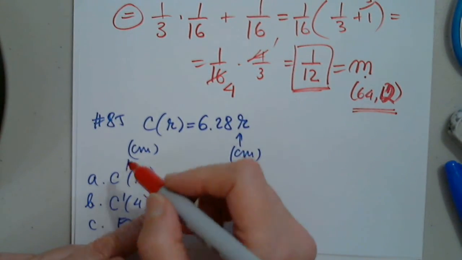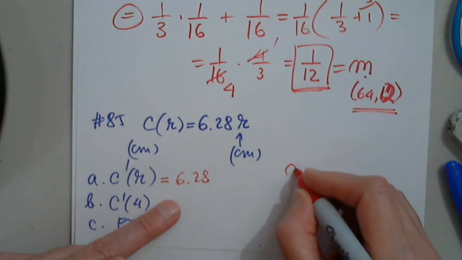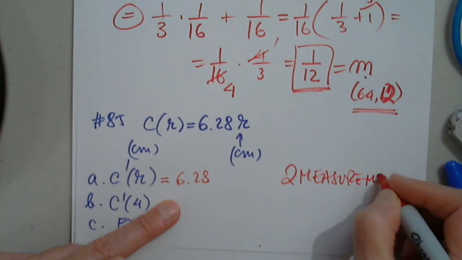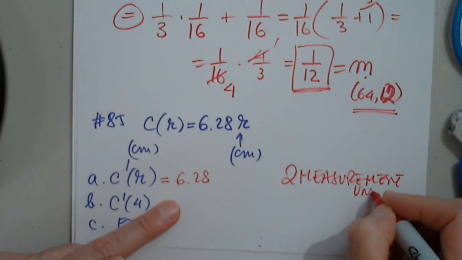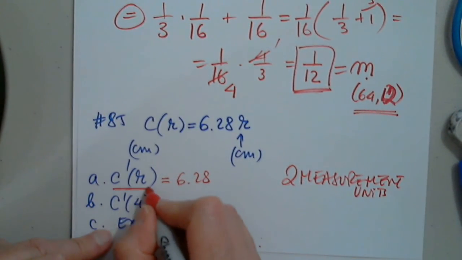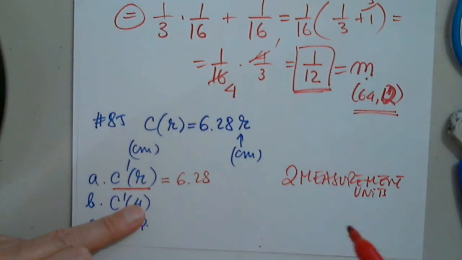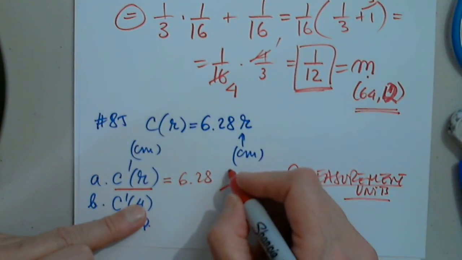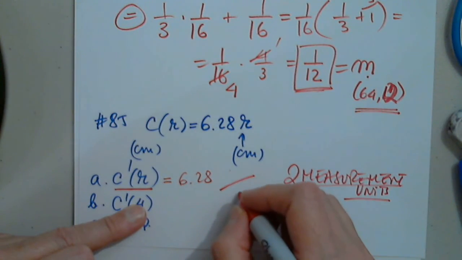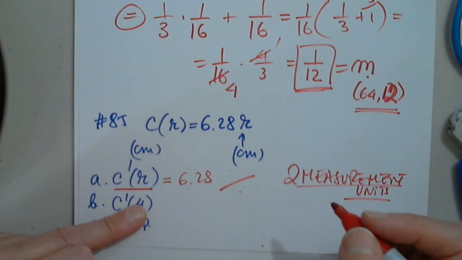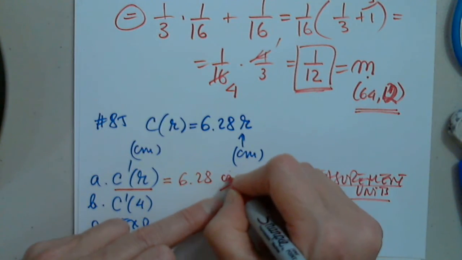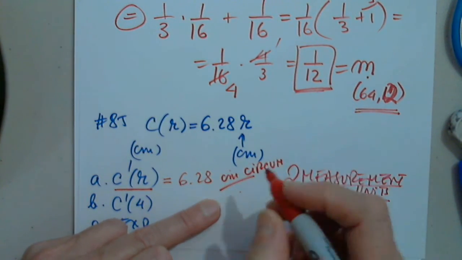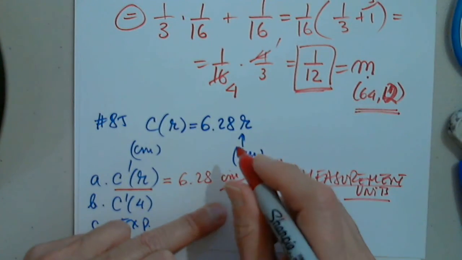Careful. Any rate of change has 2 measurement units. Always. Any derivative, any rate of change, any slope has 2 measurement units. One coming from the y value and one coming from the x value. So this is centimeters in circumference over centimeters in radius.